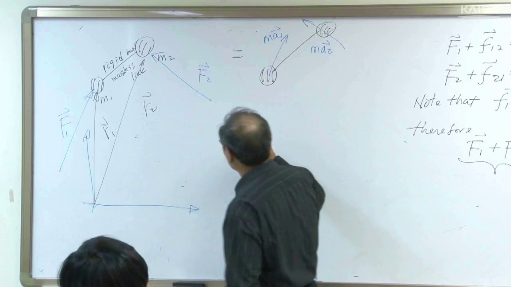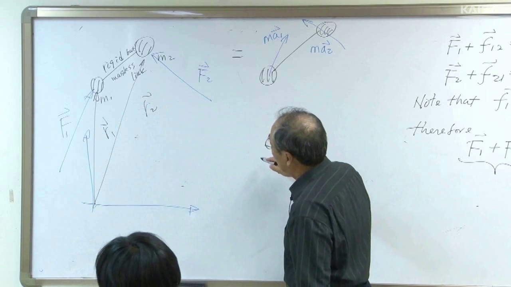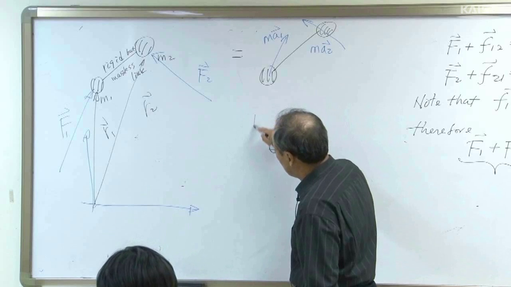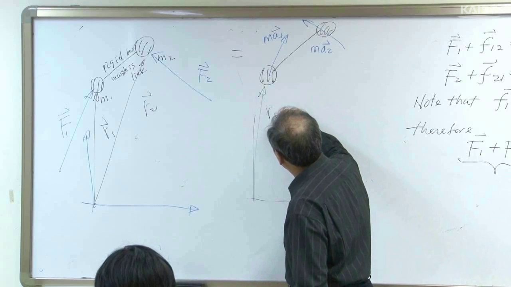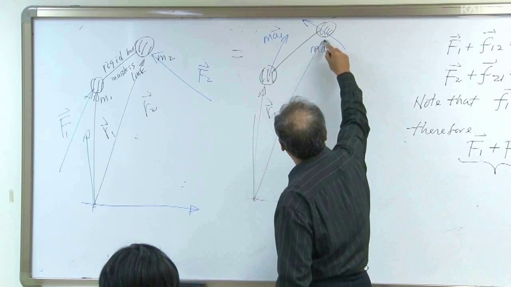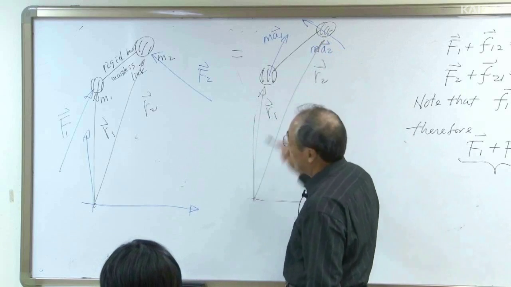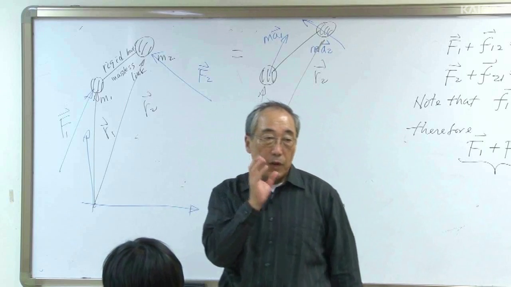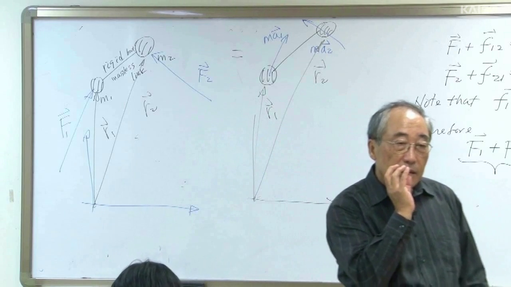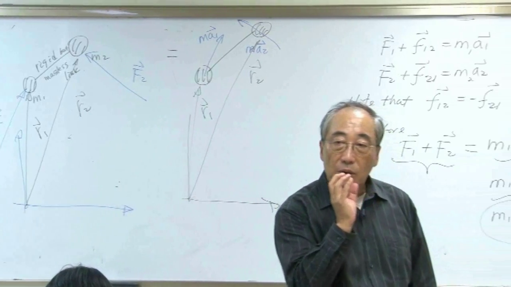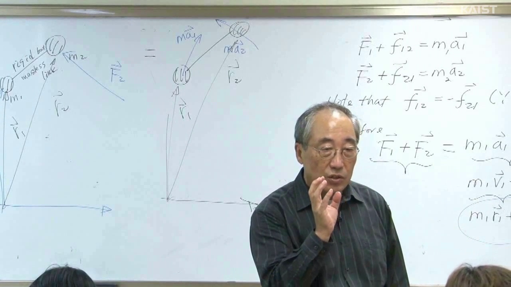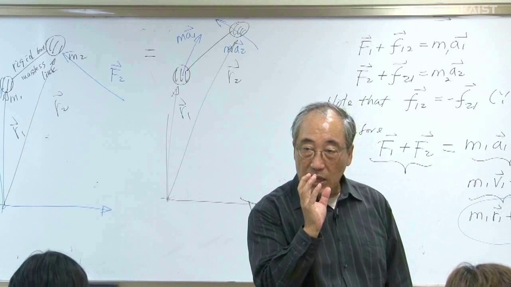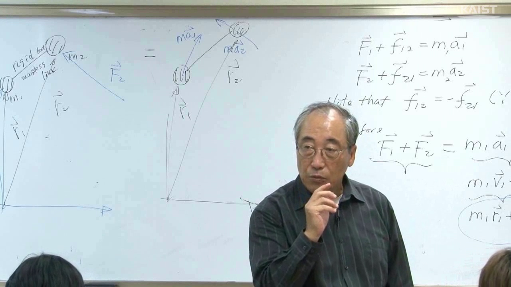And I also, again, draw the same coordinate, and this is R1 vector, and this is R2 vector. The reason why I introduced the position vectors R1 and R2 is because we want to look at the rotation, and the rotation certainly is related with the moment.